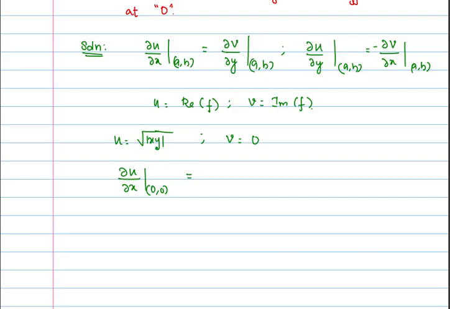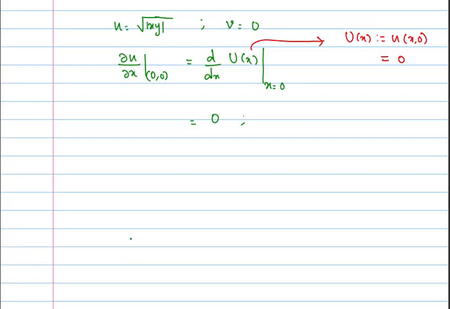So first I want to find d/dx of u(x), where u(x) is defined by u(x, 0). Whenever y is 0, the given function is 0 only. So u is 0, then I evaluate at x equal to 0, and this implies d/dx is 0.